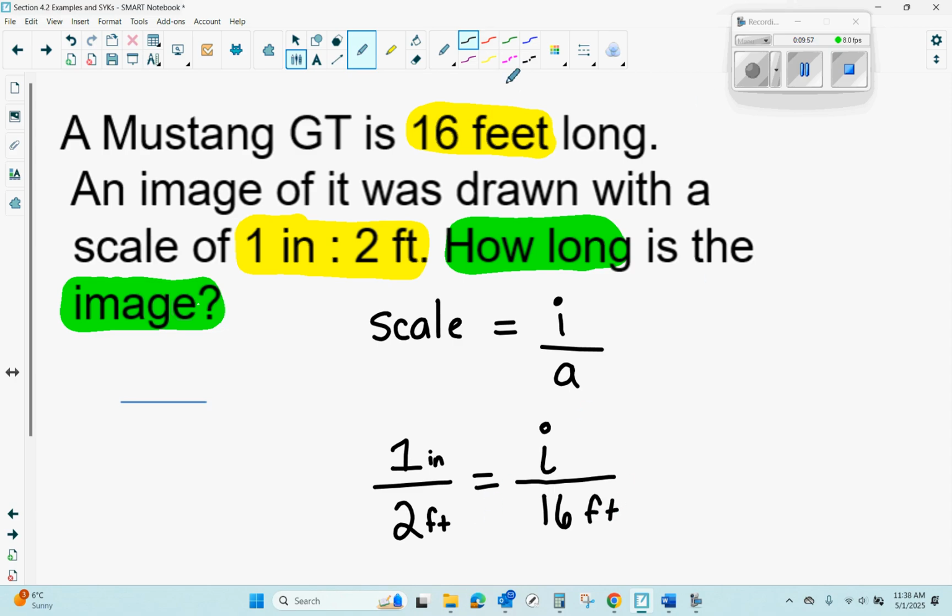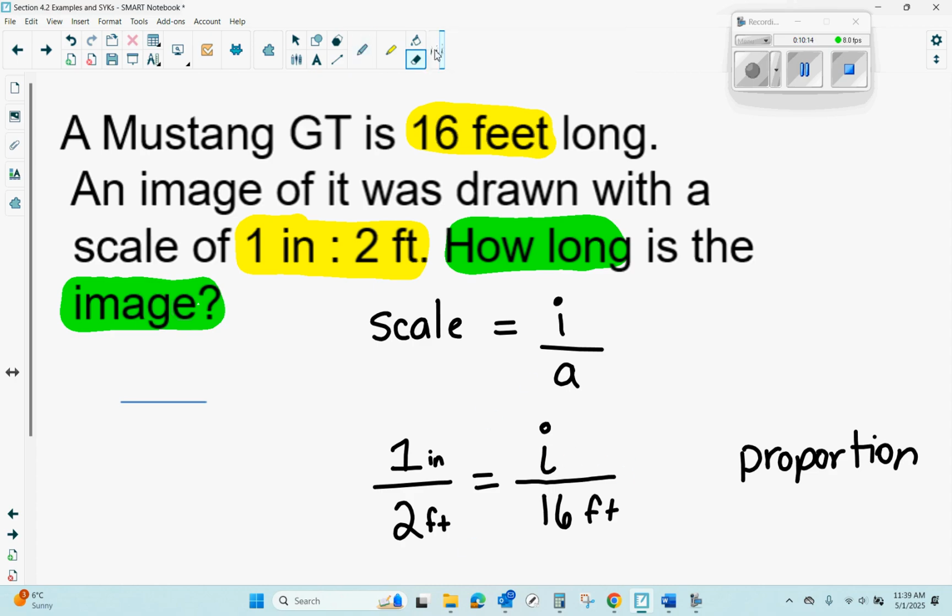Okay, so last week we learned that a little equation like this is called a proportion, where you have a fraction equal to a fraction. And there are different ways to solve this.